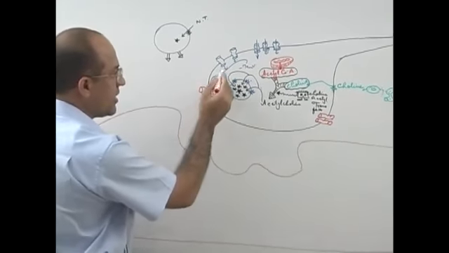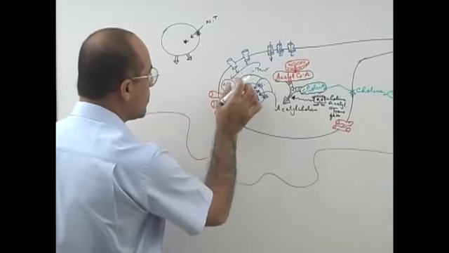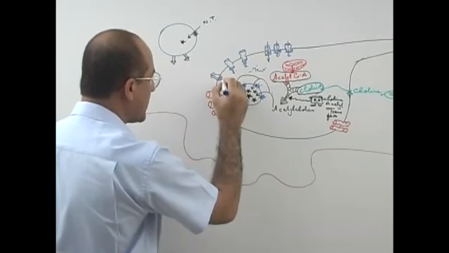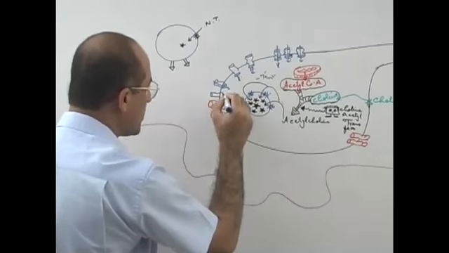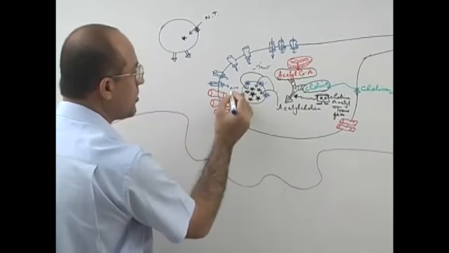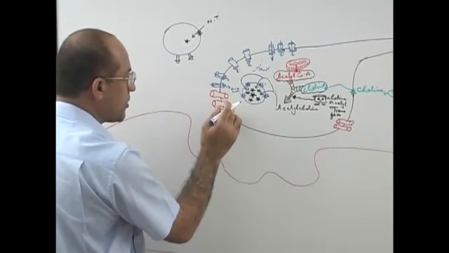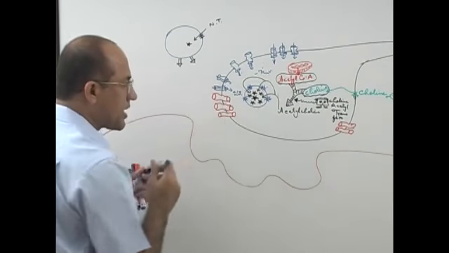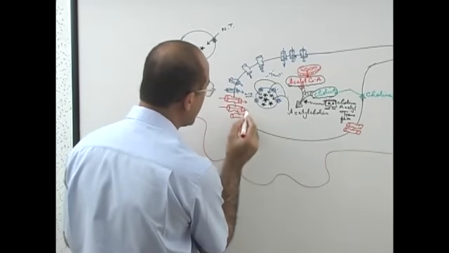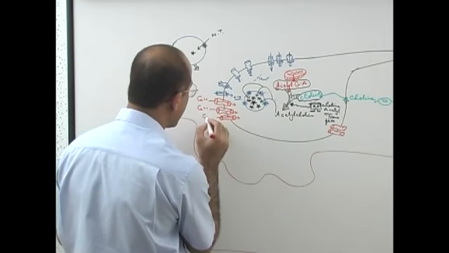So when the wave of depolarization reaches the nerve ending and it becomes, for example, plus 10 millivolt, the depolarization sensitive calcium channels will open, and there will be calcium influx. Am I right? There is calcium influx.